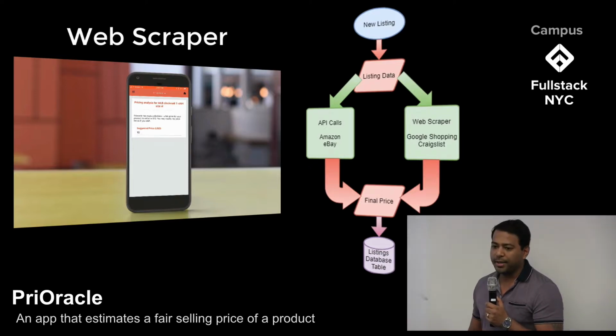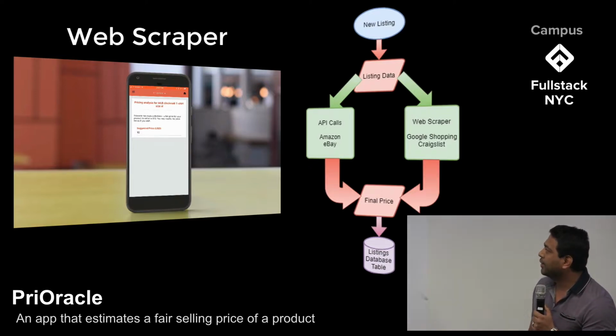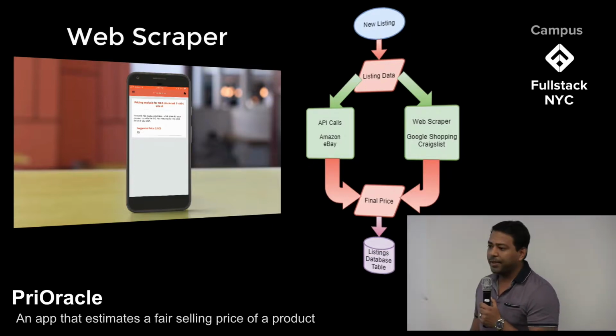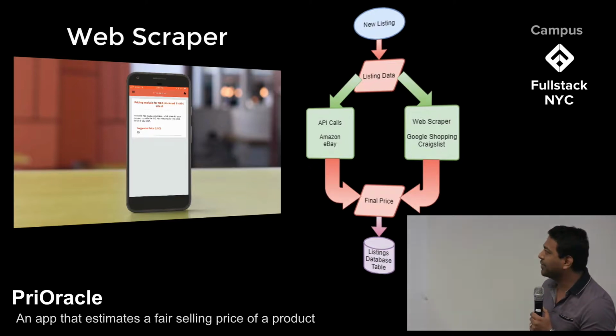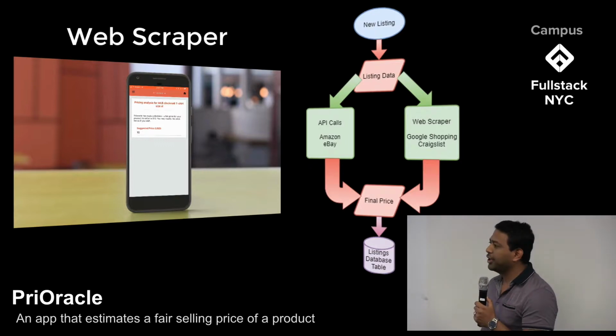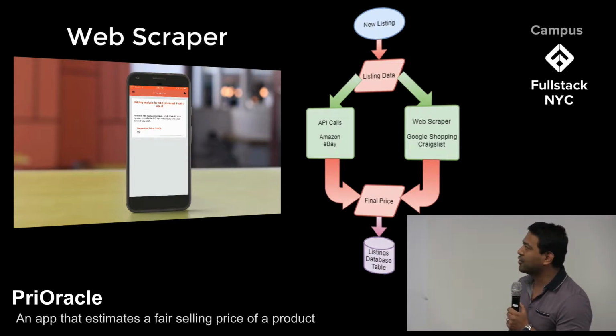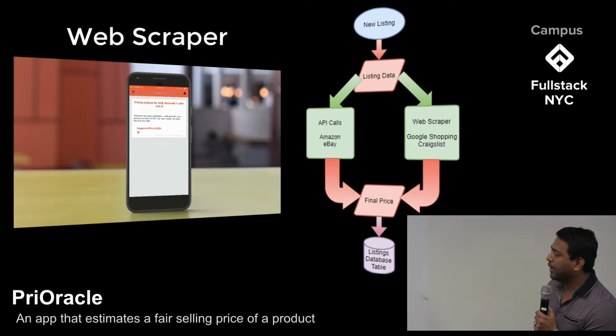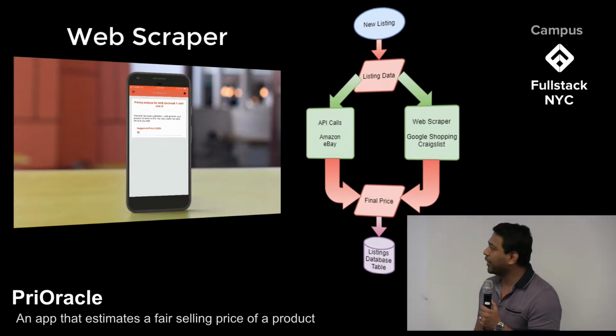Our approach was to use APIs wherever possible, and scraper tools if not. For Amazon and eBay, we use their APIs to search the products, whereas for Craigslist and Google, we used Request and Cheerio, which are node modules. Cheerio is especially helpful because it allows you to traverse the DOM, and then you can scrape all the relevant data that you need.